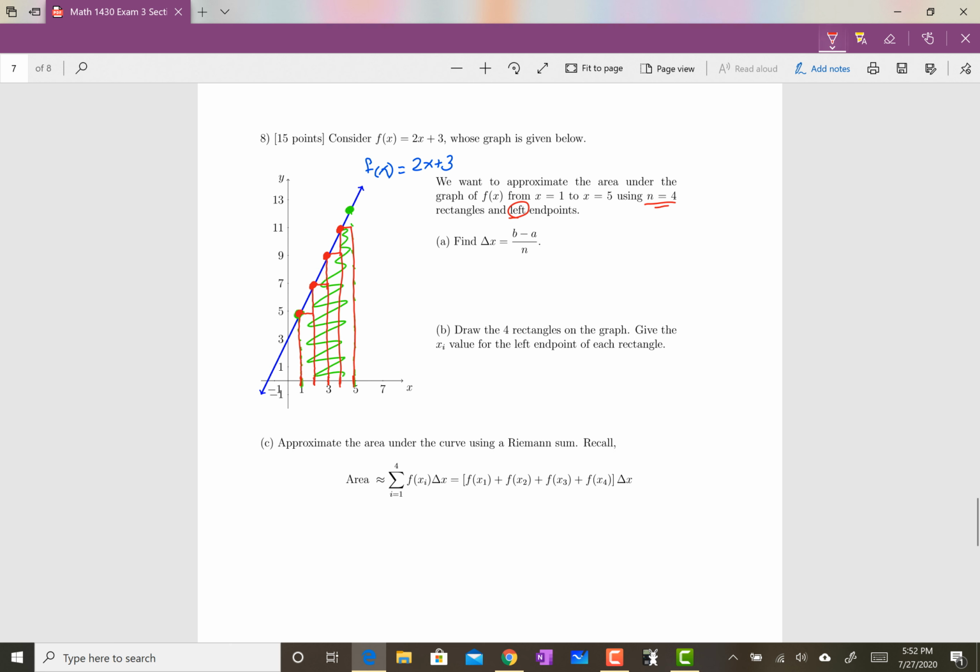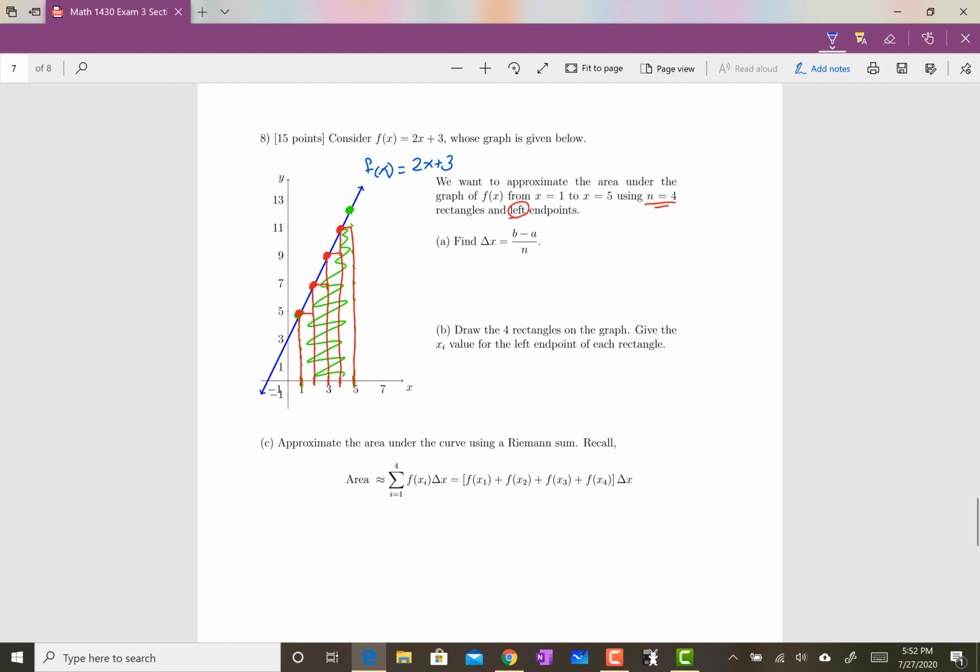And we saw in our textbook that this is going to end up giving us the height of our rectangles. So the first thing we're asked to do is find delta x. And we're reminded that delta x is equal to b minus a over n. Now this is something that you're going to want to put on your note card, because I'm not sure if the problems that I assigned tell you that in the directions. Remember, this is an exam that I gave in class instead of online. So I do recommend writing this on your note card.